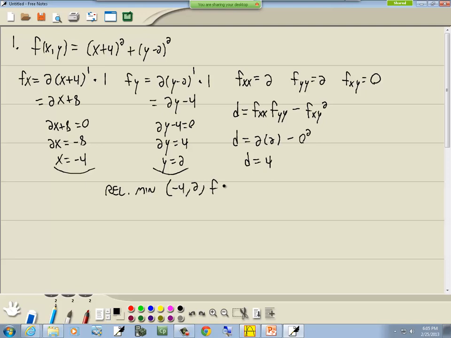Then f of (negative 4, 2): if I put in negative 4 for the x and 2 for the y, I get negative 4 plus 4, which is 0, 0 squared is 0. If I put 2 in here, 2 minus 2 is 0, 0 squared is 0. 0 plus 0 gives us 0. So that's our relative min.